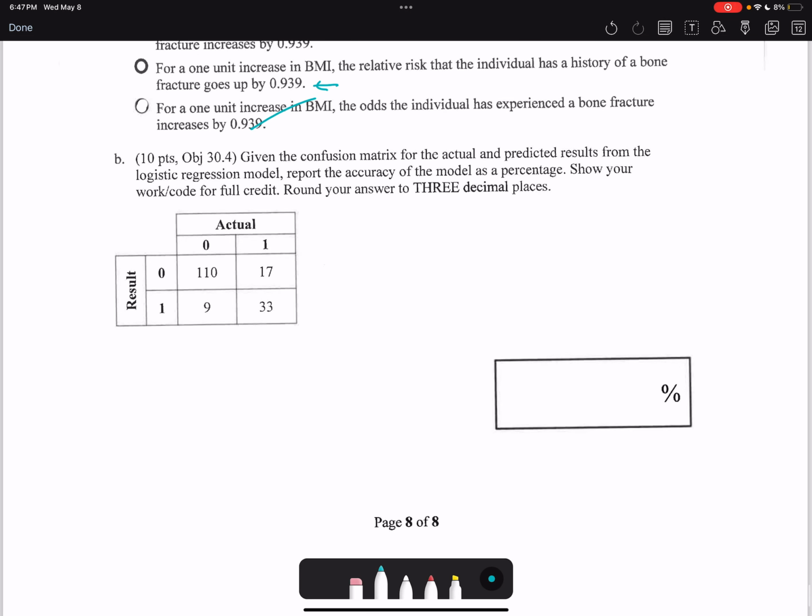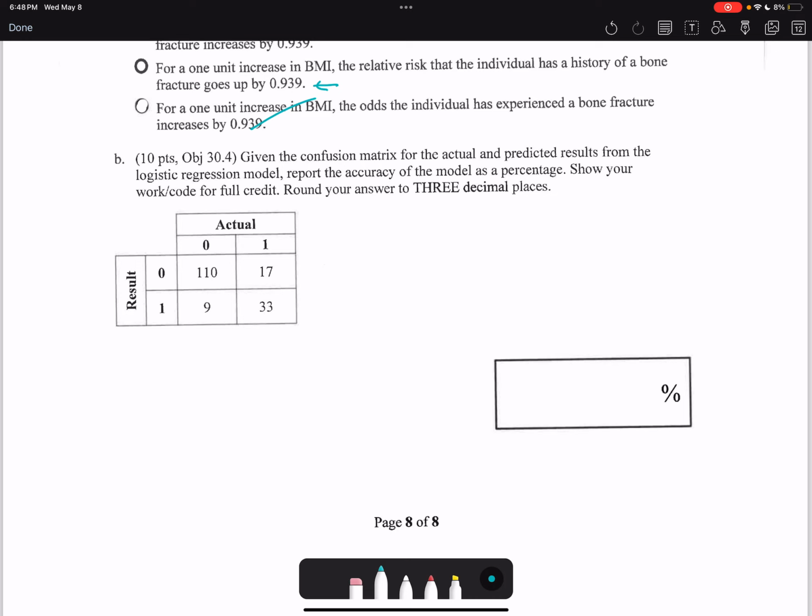Given the confusion matrix for the actual and predicted results from the logistic regression model, report the accuracy of the model as a percentage. Show your work code for full credit and round your answer to 3 decimal places. Well, okay.